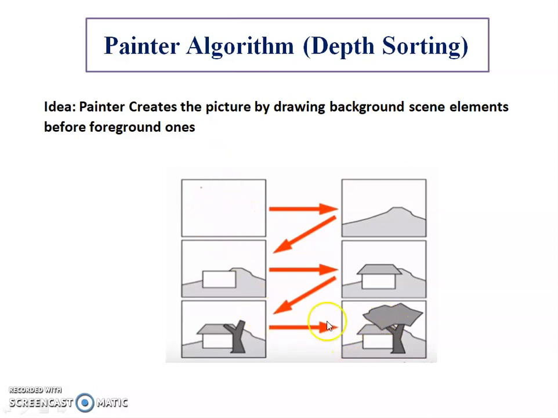Here in this figure, initially the paper is put here and he has drawn this one, that's the mountain, and next he is going to draw a house, and then he has completed the house, and then he has started to draw a tree. Next, he completed all the pictures. That is, first this one, next this one, next this one, and finally he has painted this one.